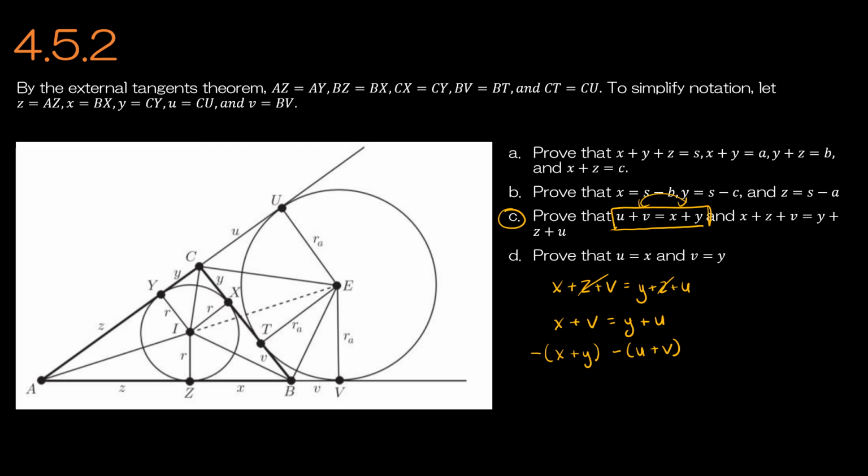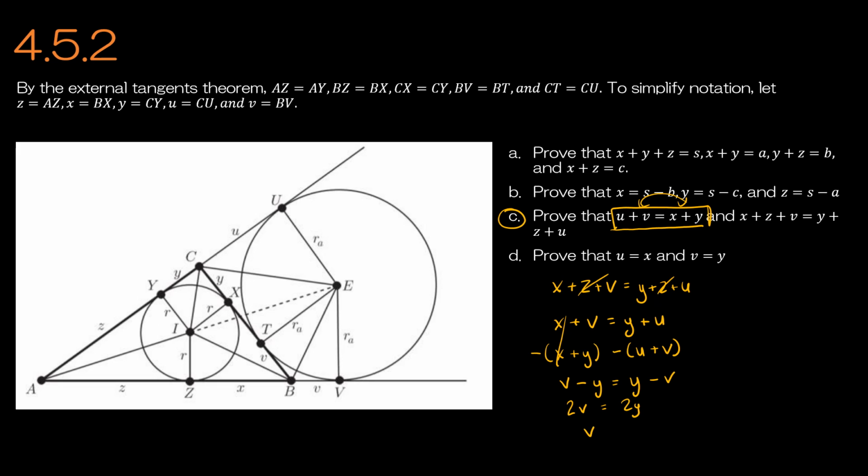So this gives me v minus y, because the x's would cancel, is equal to y minus v. And therefore I can see that if I add v to each side, I get 2v. If I add y to each side, I get 2y.